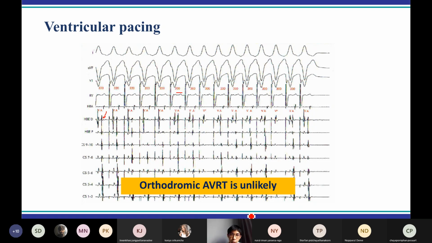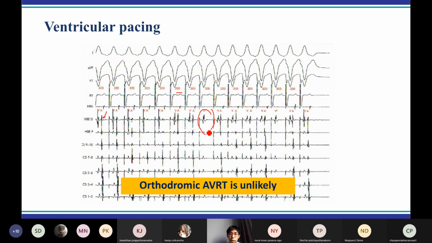But after you pace with a faster rate for a while, there is a block in the AV node. There's a V but no A. There's a block here, and there is no retrograde atrial activation at all.